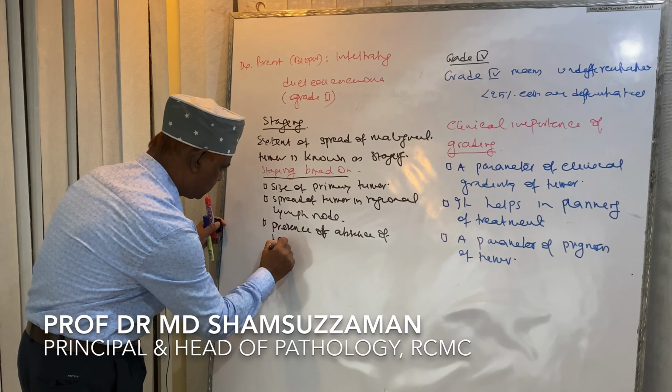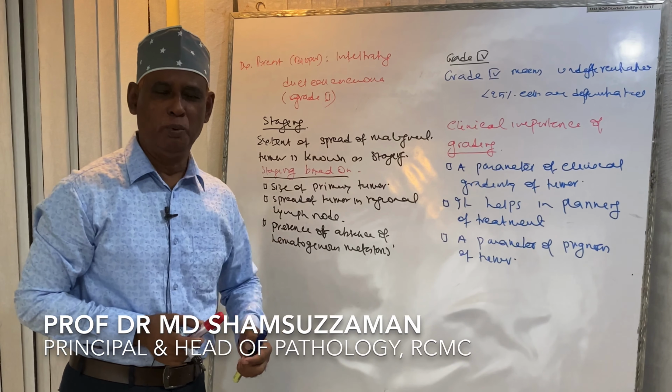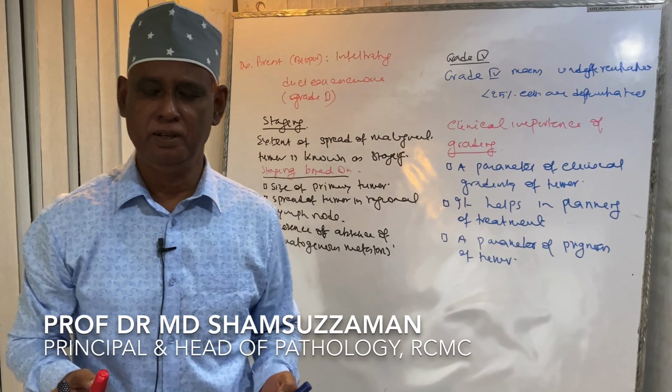Dear audience, again you recall, extent of spread of malignant tumor is known as staging, and we know malignant tumor can spread locally by invasion and it can spread distally by metastases. So, staging based on size of primary tumor, based on spread of tumor in regional lymph node and based on presence or absence of hematogenous metastases.